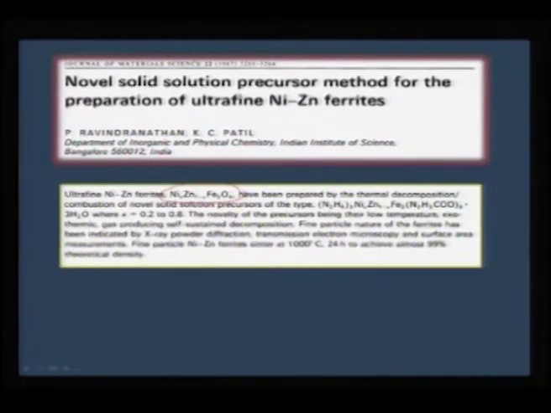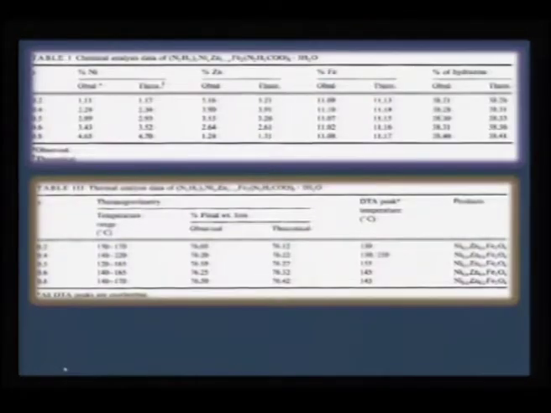Therefore, it is possible for me to make a carboxylate precursor as unique as this with this formula, and if I heat this, irrespective of whatever the substitution is, I am going to get the corresponding nickel zinc ferrite. We can map the composition by studying the element percentage in these precursors.